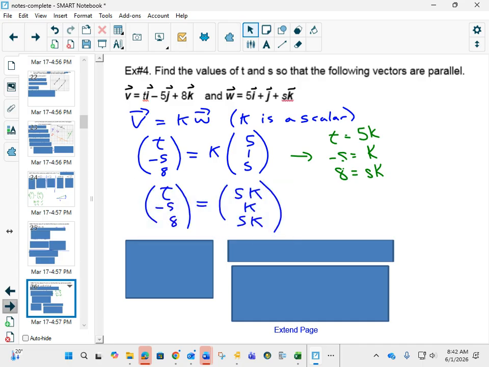So t has to equal 5k, negative s equals k, and 8 equals sk. 5 and s are not the greatest things to use in an example, because sometimes your s's look like 5s and sometimes your 5s look like s's.